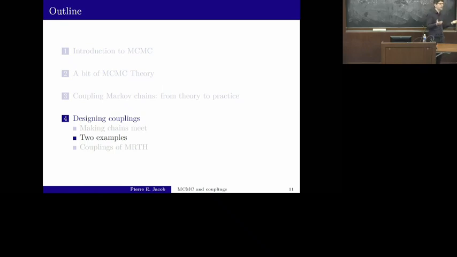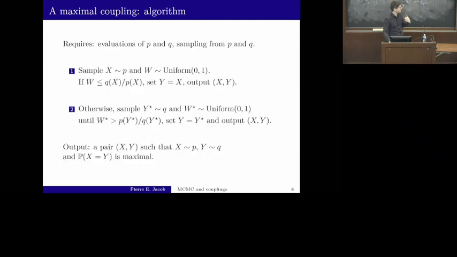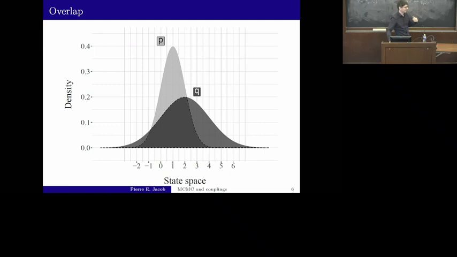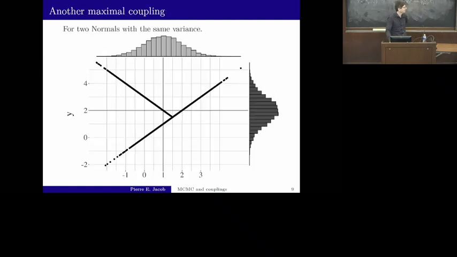And then what do you do otherwise? Well, that's where there are multiple maximal couplings. So you could minimize the distance between the remainder probabilities that you have after having removed the overlap. I used to have plots for that. Although numerically, apart from in 1D, I'm not sure how to do it. So you could, in a sense, have an optimal transport maximal coupling, where in the same way that this is reflection maximal, you could have OT maximal.